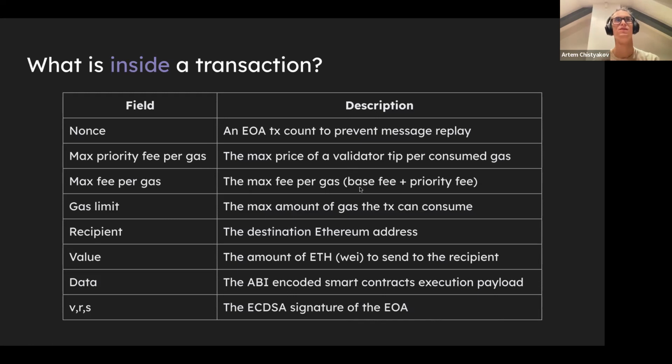If you send the transaction with a base fee that is lower than in the current block, then Ethereum won't accept this transaction. So for a successful one, you have to specify this value to be bigger or equal to the base value of the block. And then the priority fee is included on top. The sum of these 2 variables is the max fee per gas.